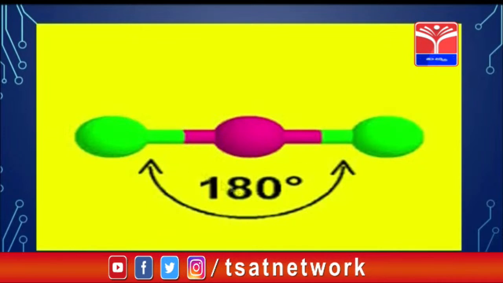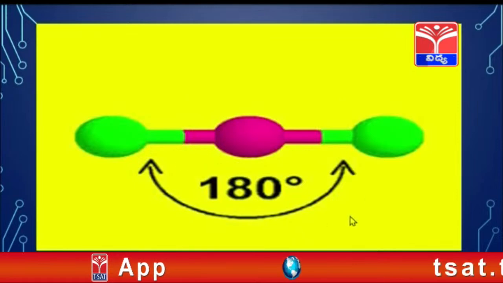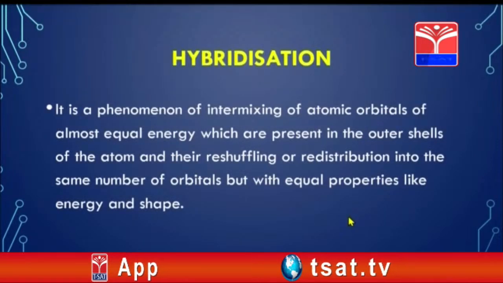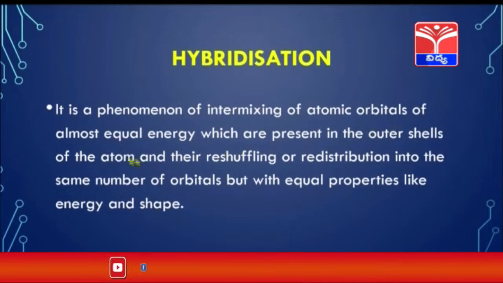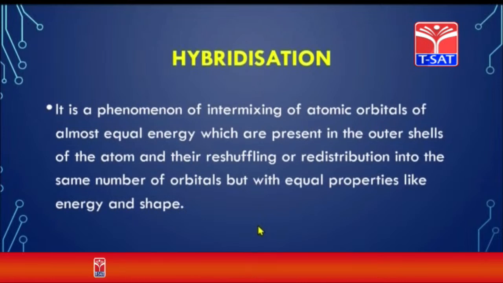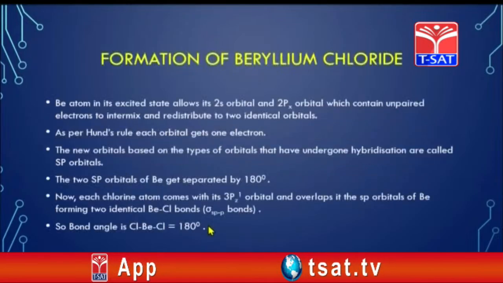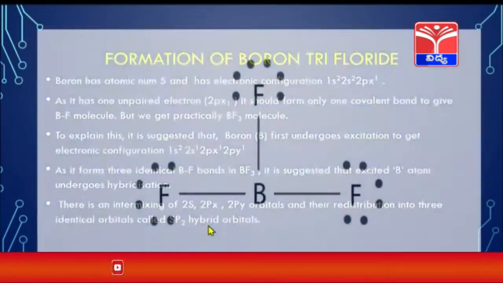The bond angle between beryllium and the 2 chlorine atoms here is 180 degrees. This is due to hybridization. What is hybridization? It is a phenomenon of intermixing of atomic orbitals of almost equal energies present in the outer shells of atoms, and their redistribution into the same number of orbitals but with equal properties like energy and shape. Hybridization is of 3 types, children.